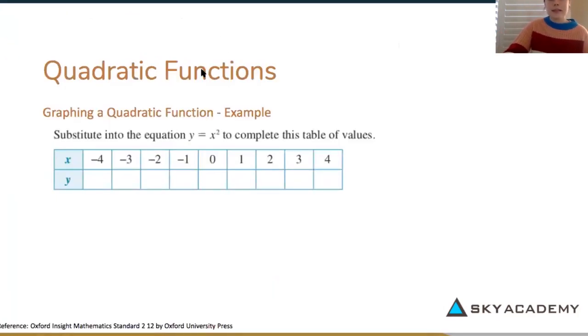So here's our example. First thing we are going to do is substitute into the equation the values for x that they've given us, and we're going to find y. I'll do an example where y equals x squared and x is -4. If you put -4 squared into your calculator, you should get an answer of 16.